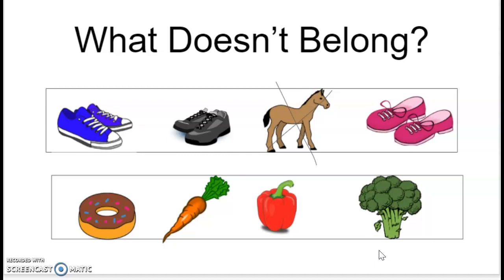So I can't look at whether they're food or not to decide whether they're different. But the next thing I notice is that most of them are vegetables, right? Broccoli's a vegetable, a pepper's a vegetable, and a carrot's a vegetable, but a donut is not a vegetable. So I would say that my donut does not belong because it's not a vegetable.